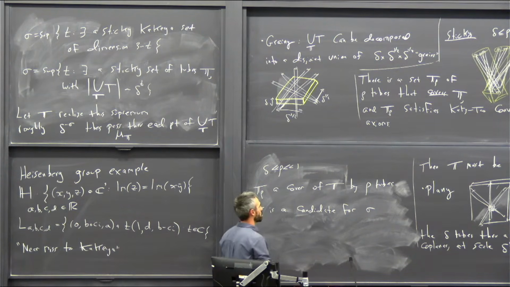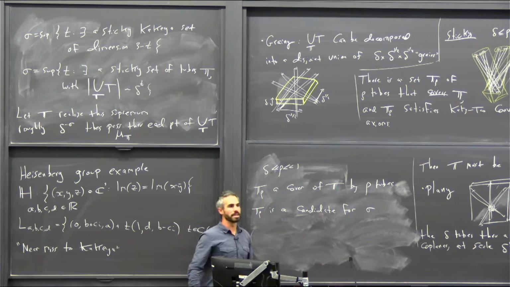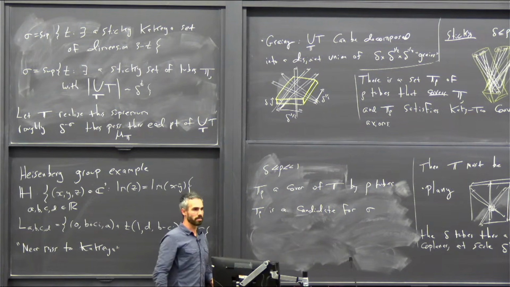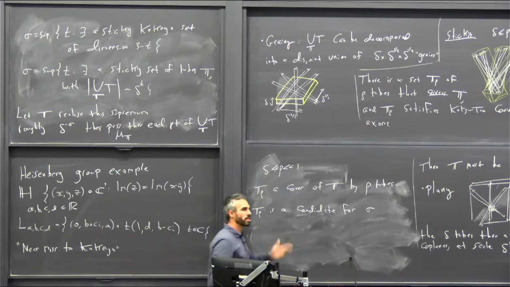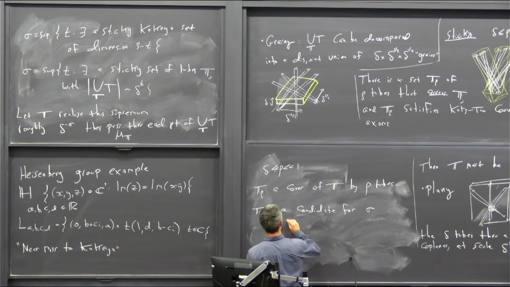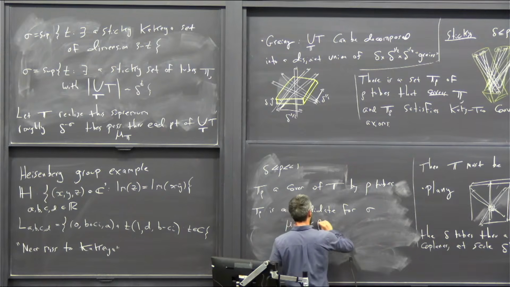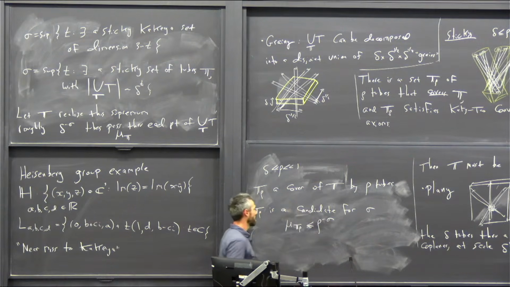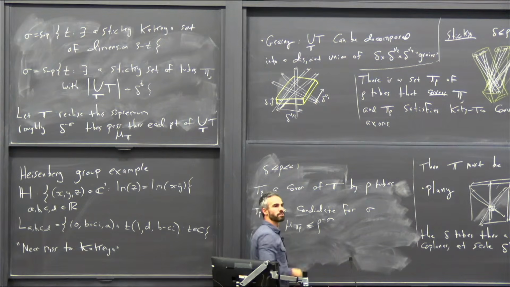And this tells you that the union of the rho tubes has to have volume at least rho to the sigma. And this tells you the typical intersection multiplicity is at most the reciprocal of that, rho to the minus sigma. So this tells me that mu of T rho is at most rho to the minus sigma. And again, when you try to make all of this precise, there are subpolynomial factors, there are other parameters lurking in the background. But at least at a heuristic level, this is indeed the case.